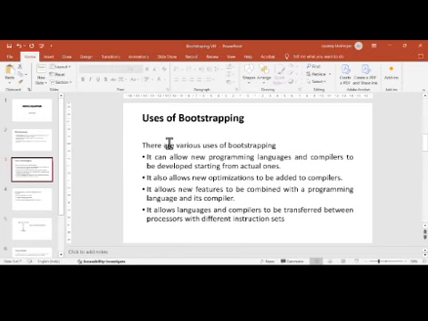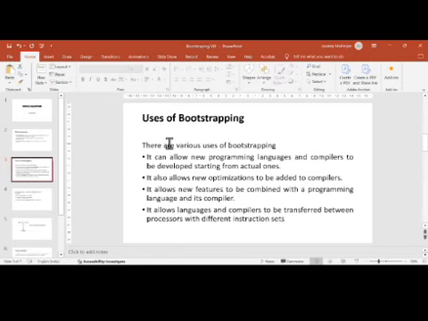The third is that it allows new features to be combined with a programming language and its compiler. The fourth is that it allows languages and compilers to be transferred between processors with different instruction sets. So these are the various uses of bootstrapping we have discussed.